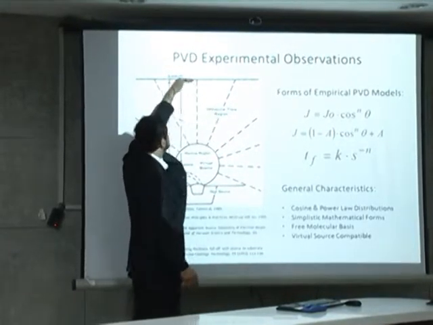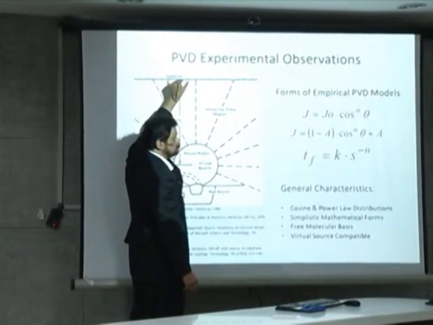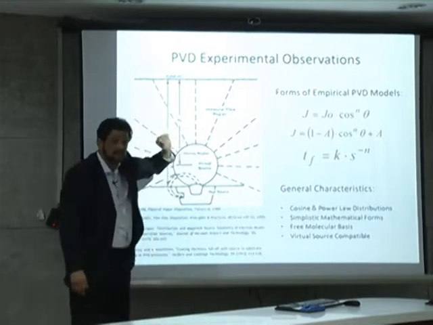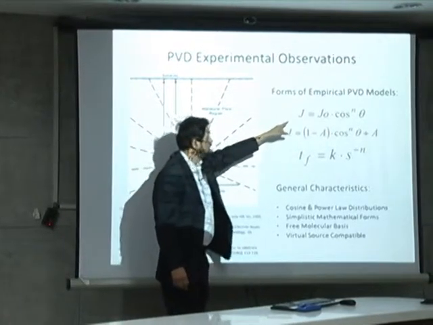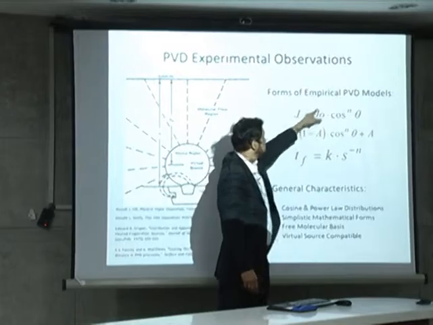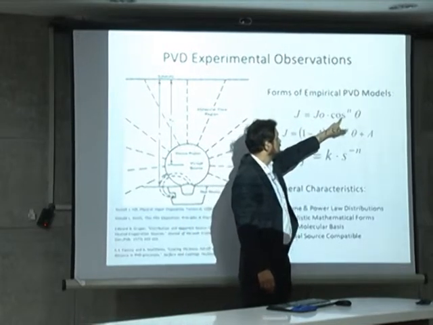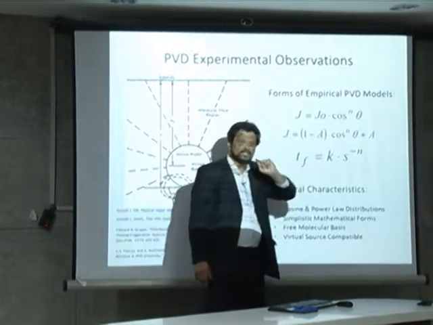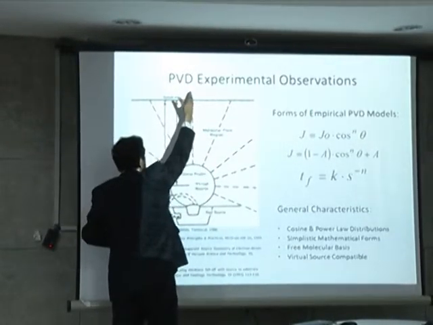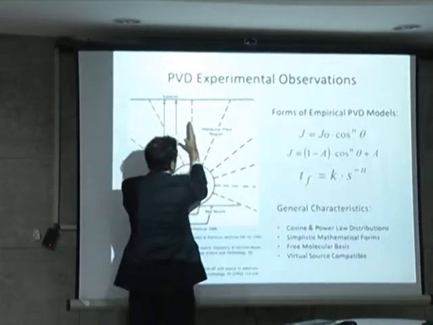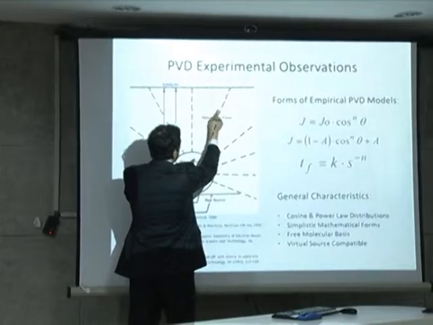So the amount deposited per unit area per unit time, J, is given by some basic flow rate times cosine to the power n theta, where theta is the angle measured from the center as you go away from here. So this is angle theta.